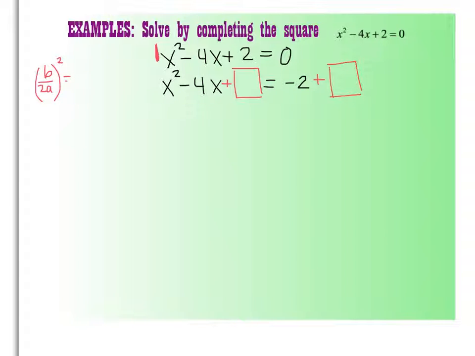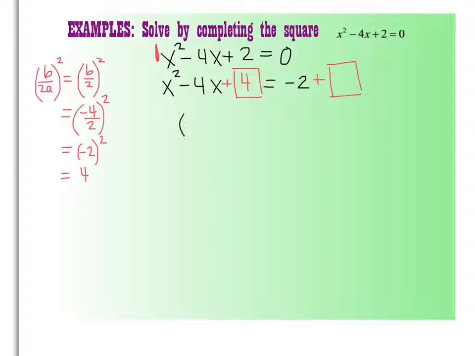Now I just said that we're always going to make sure our leading coefficient a is 1, so you can also just think of this as b over 2 squared. Remember, b is the coefficient of the linear term, so in this problem that's negative 4. So we have negative 4 over 2 squared, which is negative 2 squared, or 4.